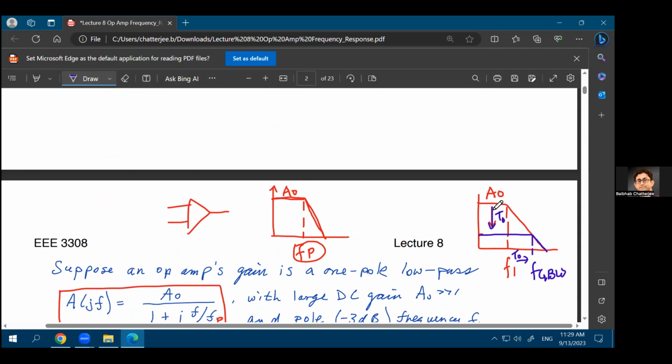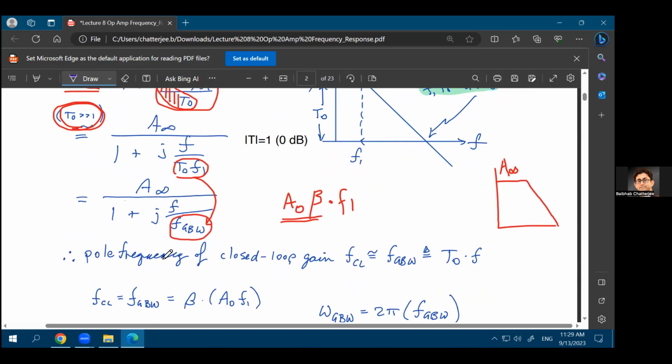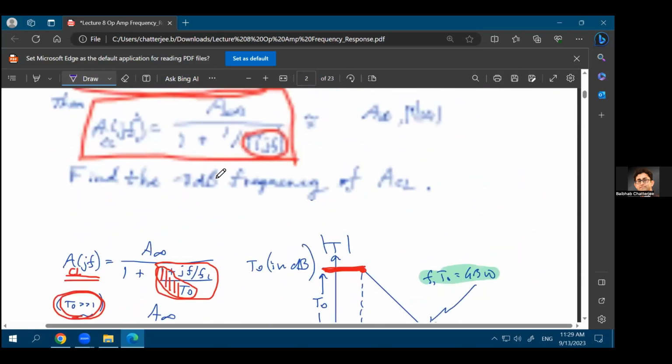In closed loop, you'll have a DC gain which is reduced by T naught times, but a frequency which is increased by T naught times, which is evident from this equation. Directly from this equation, we can say that your bandwidth is increased by T naught times, because this is what you have in the denominator over here. That's your pole frequency. This is T naught times F1. In the previous case, it was just F1.